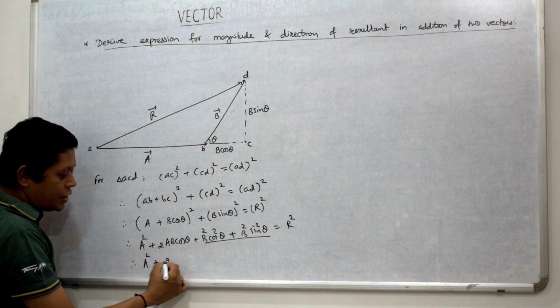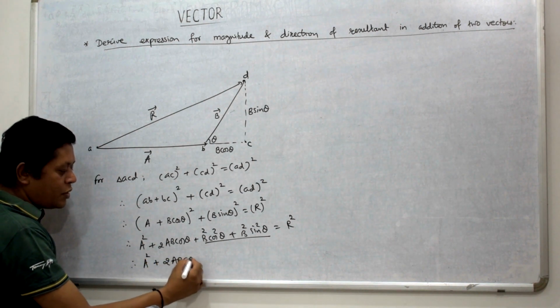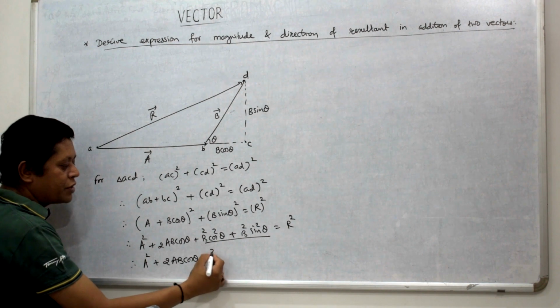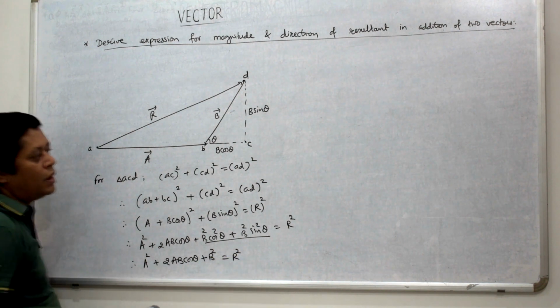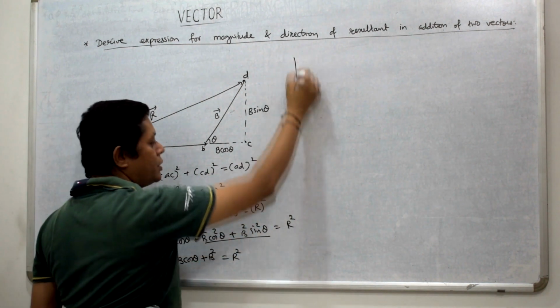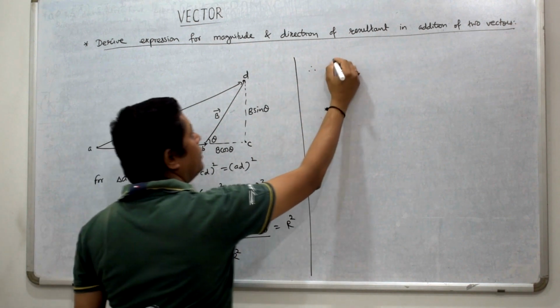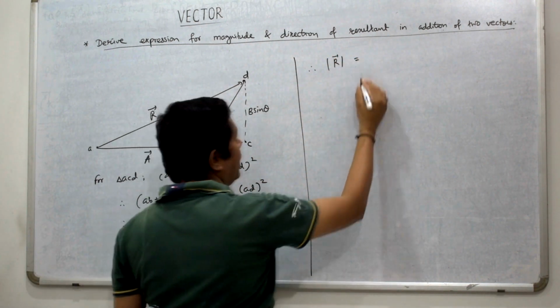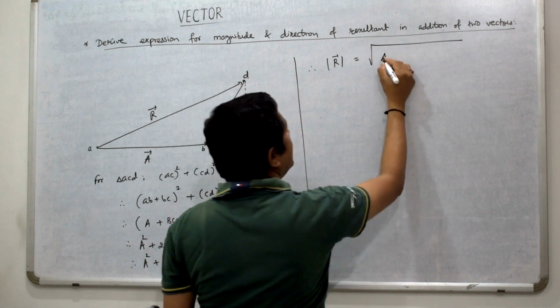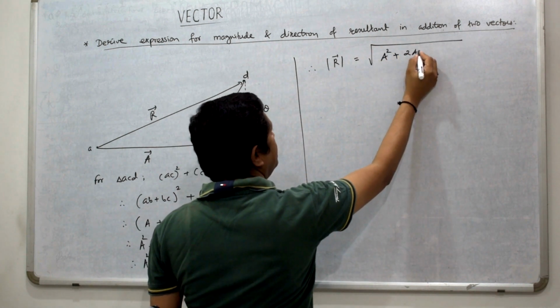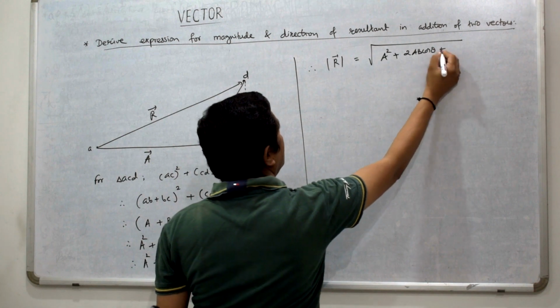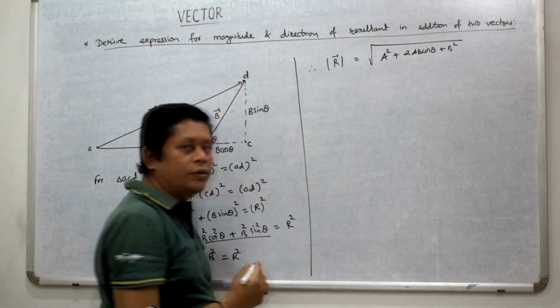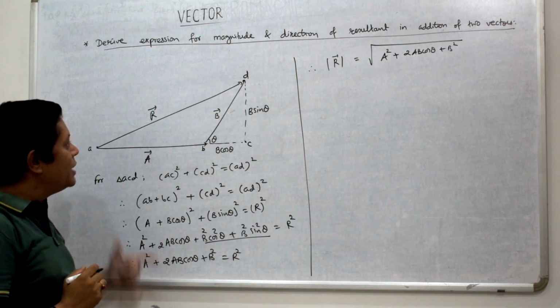That's why you get A² plus 2AB cos theta plus B² is equal to R². So from this you can get the magnitude of vector R, which is the square root of A² plus 2AB cos theta plus B². So this is the equation for the magnitude of the resultant.